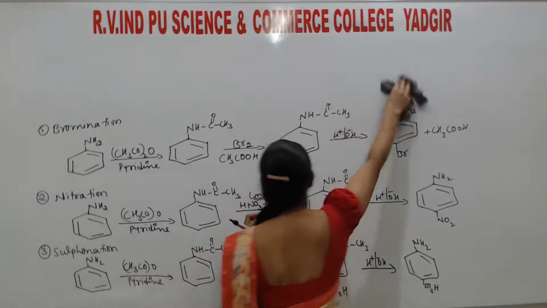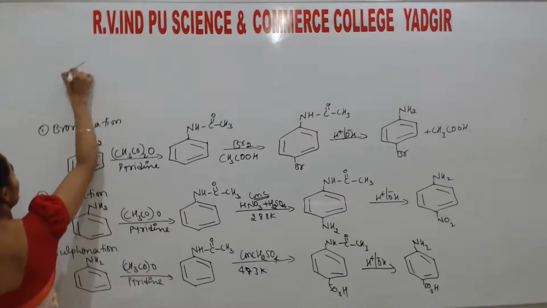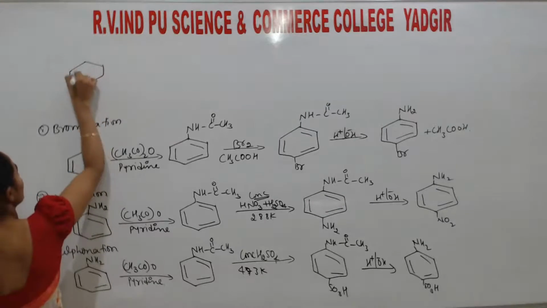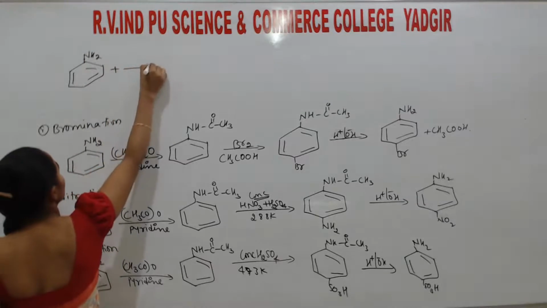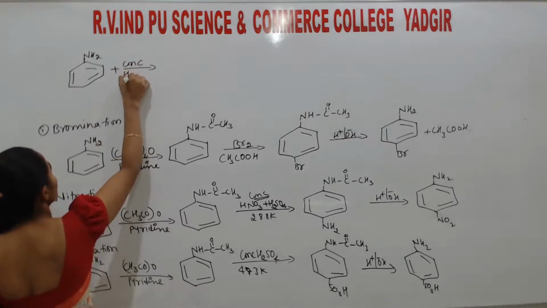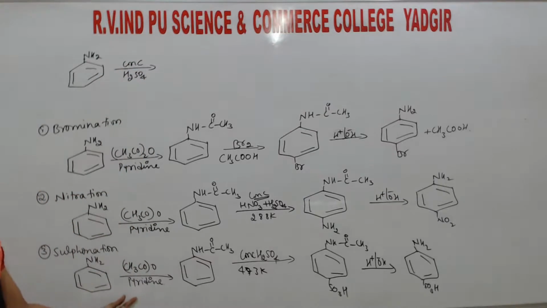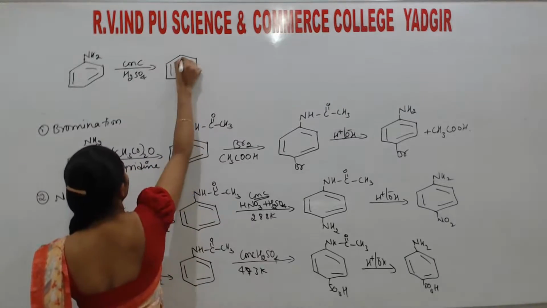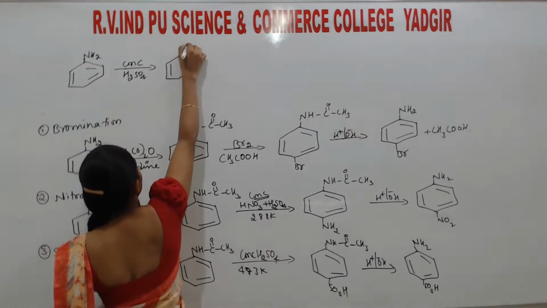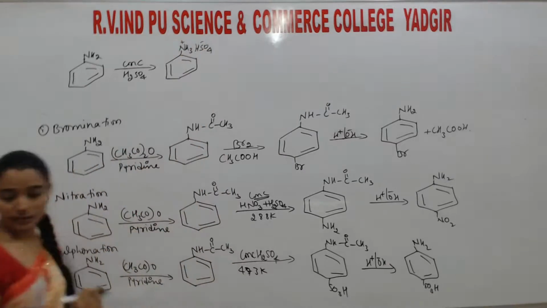So students, instead of protecting this group, if this aniline is directly treated with concentrated H2SO4, it forms NH3 HSO4, this is plus, this is minus.